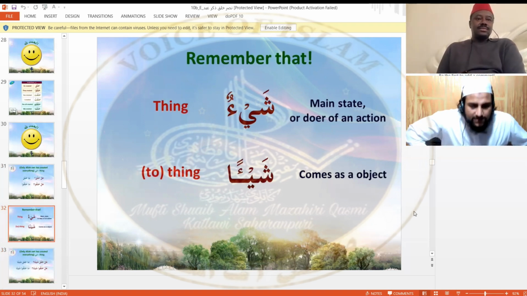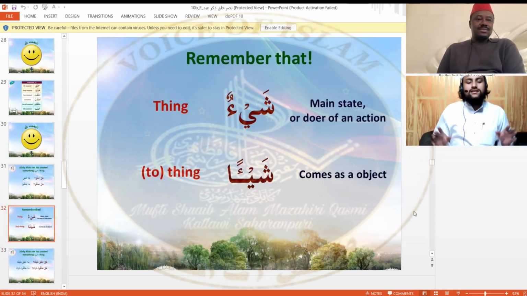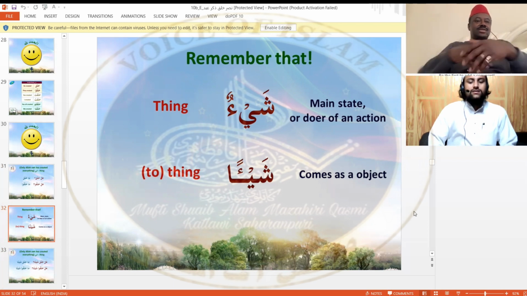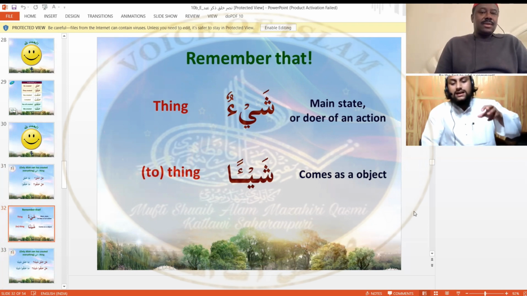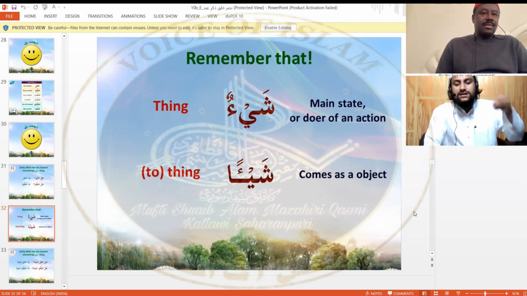Okay, remember that shay'un means thing. Thing means state or doer of an action. And to thing means shay'an. Shay'an comes as an object. Now you got it: if there is dhammatain in the end, that's the doer, the main state.